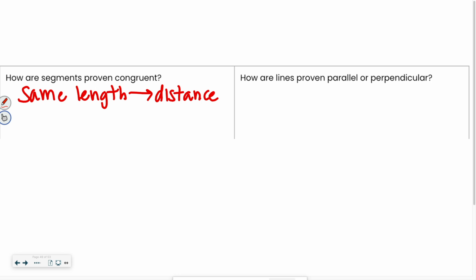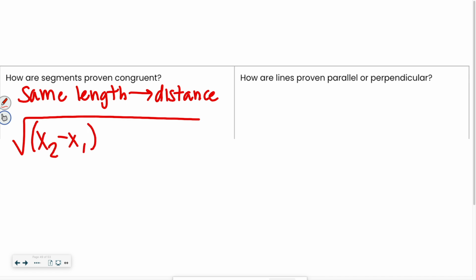So if you want to show segments are the same length, you would have to use the distance formula. Write this down, or it's on the board, I suppose. You'll be using the distance formula a bit today, but you are all very good at that. We're just using it with variables instead of numbers.